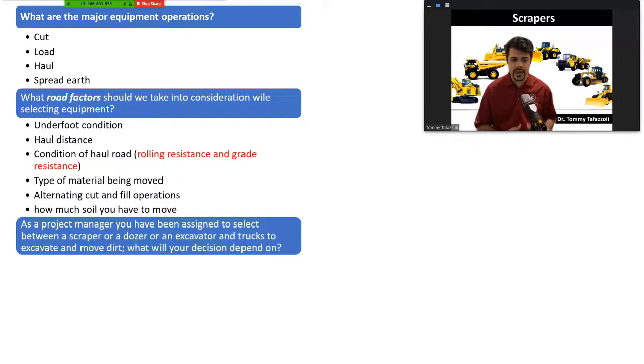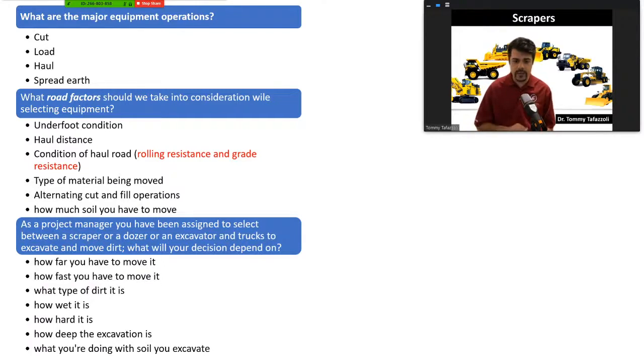To excavate and move dirt, what will your decision depend on? Again, it depends on how far you have to move it, because you can do the job with all three. In many cases, that's a very big question. That's a basic question in many earthwork operations, to choose between a dozer, a scraper, and a truck and loader.